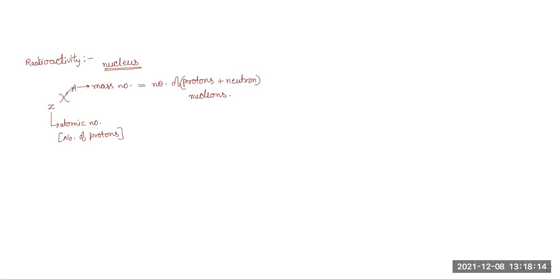Now, this adjustment of the number of protons and the number of neutrons is done in such a way that the positive charge of the nucleus has a correct balance with the negative charge created by the orbiting electrons.